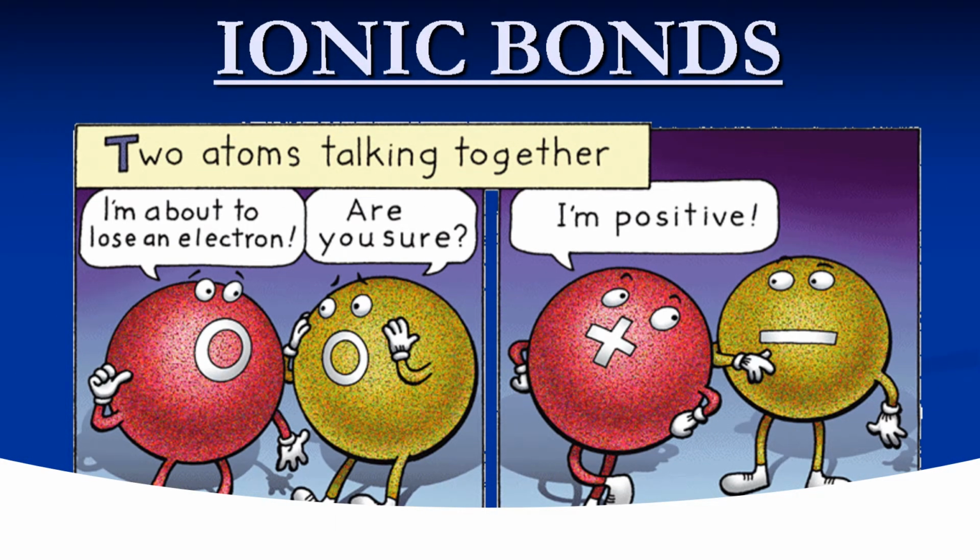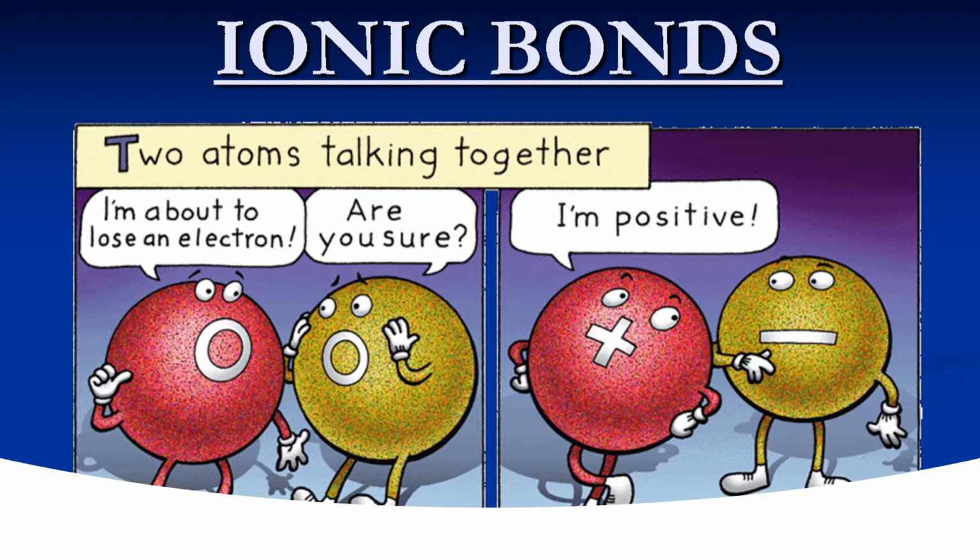Now, let's take a look at this figure. Two atoms talking together. What do you think is the charge of the one atom and the charge of the other atom? Exactly. One atom has a positive charge and the other atom has a negative charge.